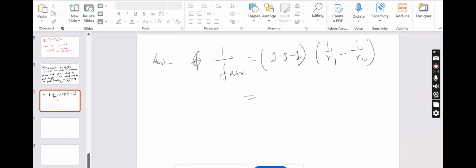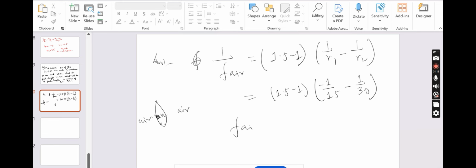The concave lens is glass, with air on both sides. So 1.5 minus 1, which is known, into minus 1 by 15 minus 1 by 30. So that would be f air is equal to minus 20 centimeter.